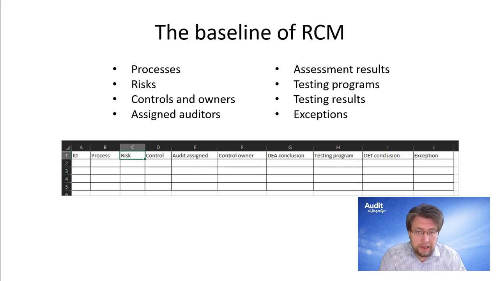This lecture encompasses the minimal set of fields which is required to document the scope and the results. And these are processes, risks, controls and owners, assigned auditors, assessment results, testing programs, and exceptions. Why is it important? Because it follows the logical sequence of scope definition.